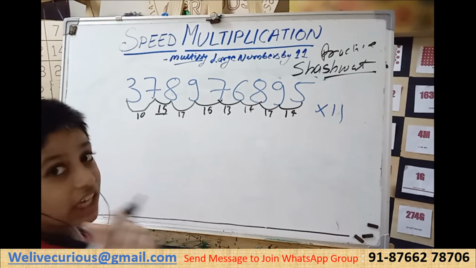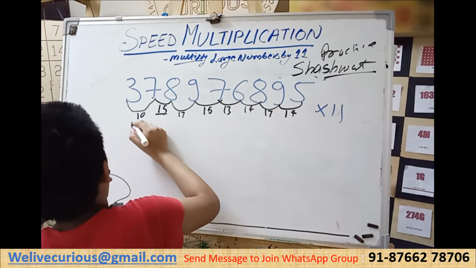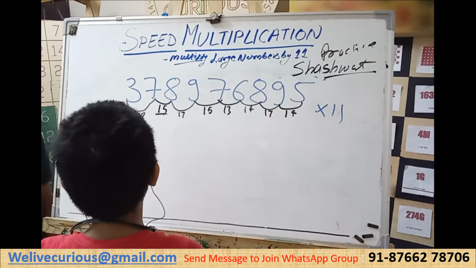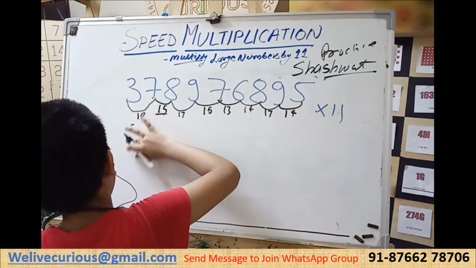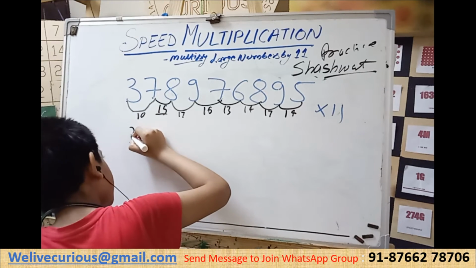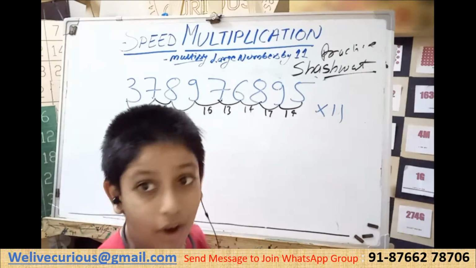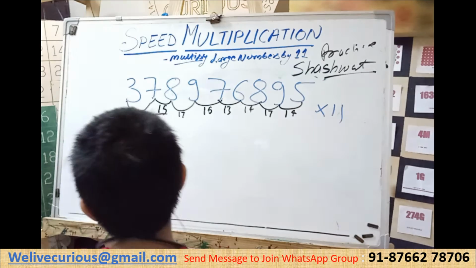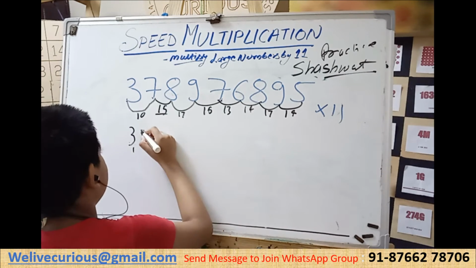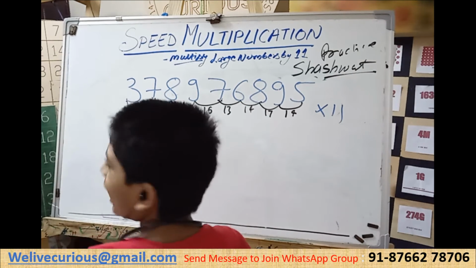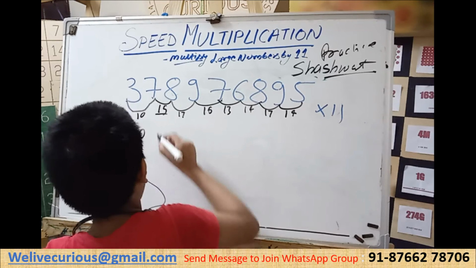Okay, now let's come back to business. Now, 3. Now I'll write it cleaner. 1 carry forward, don't forget it. 0 and 0 is 0, I'll write 0 here. Can 0 be accepted?